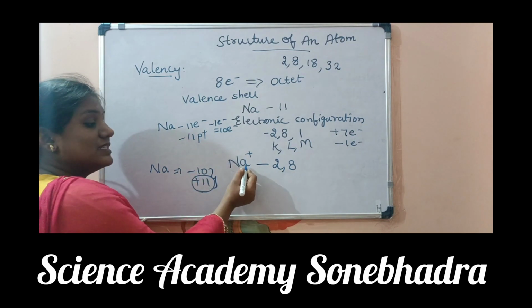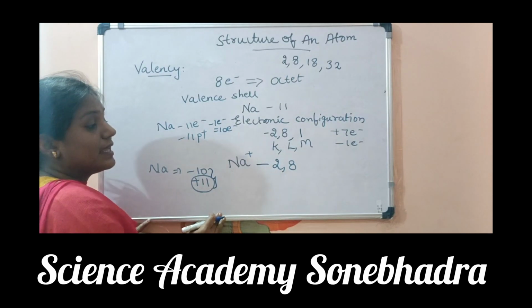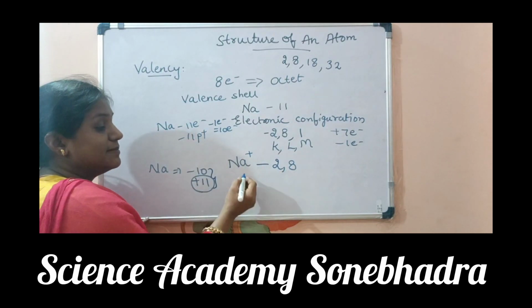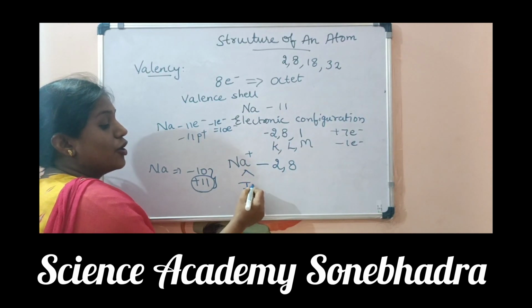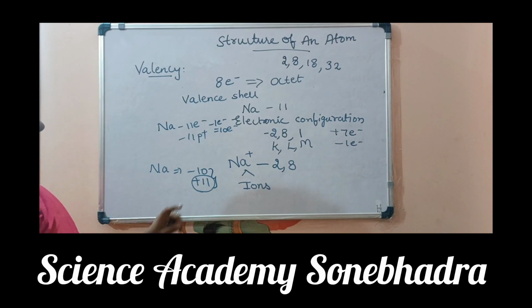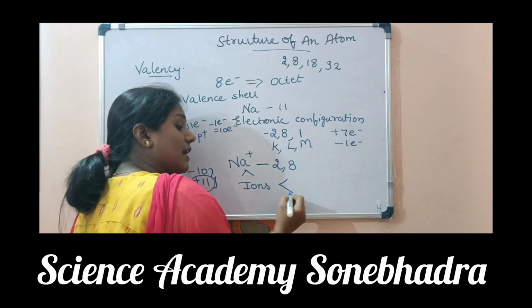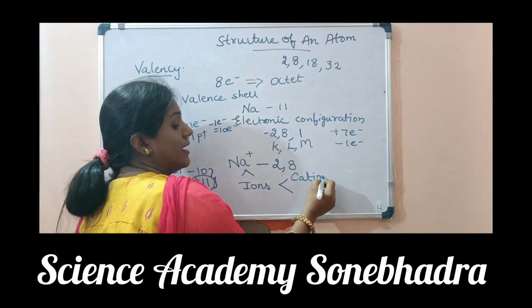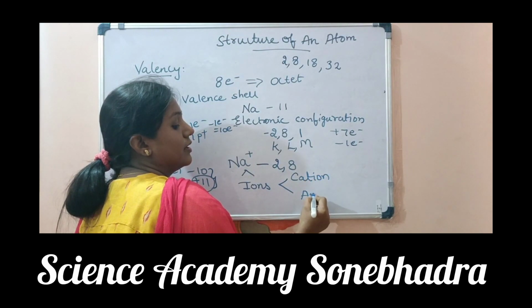Such charged species, if any element has a plus charge or minus charge upon itself, are called ions. In ions we have two types: one is cation and another is anion.